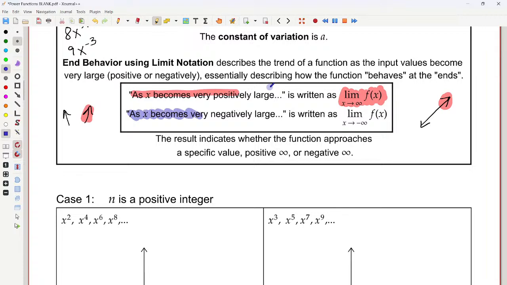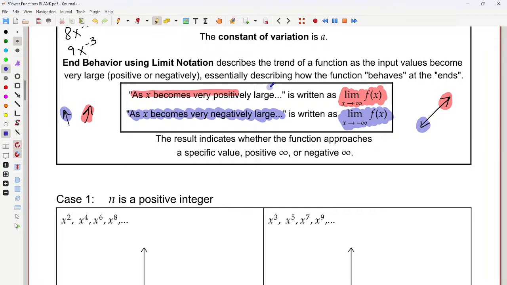As x becomes very negatively large, so like -10, -100, -1,000,000, negatives further outwards, stands for the left end of your graph. But the symbols that we use look like that.